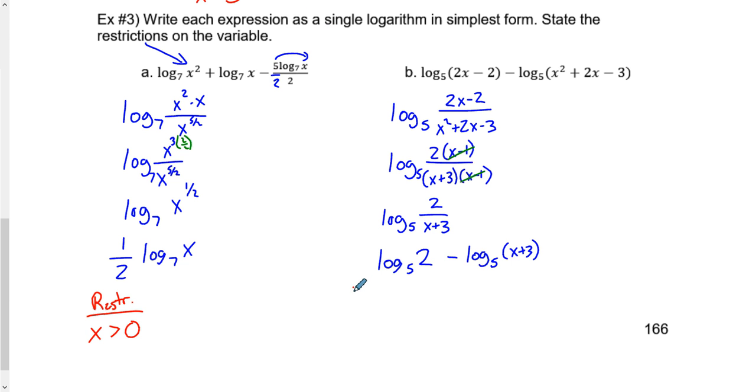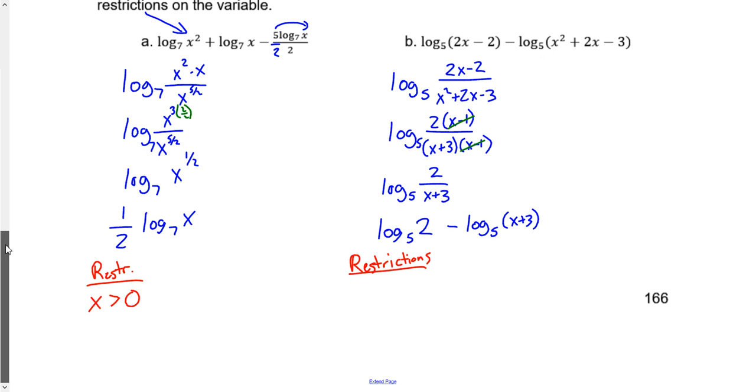Now the other thing, so for our restrictions, we actually have 2 things in here. Because we have 2 things originally from our first thing. We have an x minus 1 and an x plus 3. Even though that x minus 1 has been canceled off, it can still affect everything else. So we have to say that our x minus 1 has to be greater than 0.